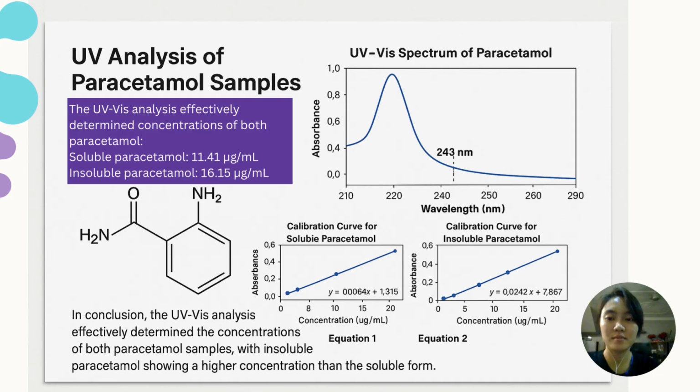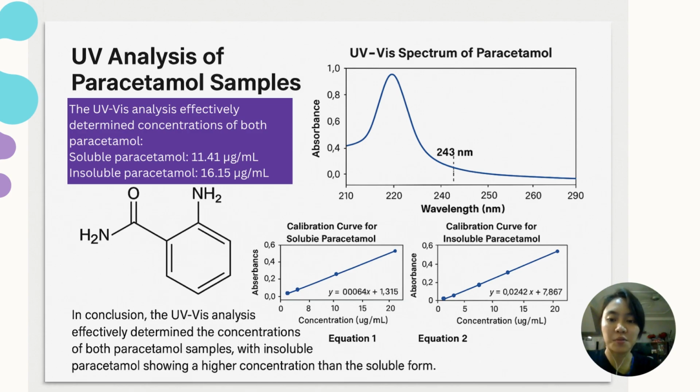In this analysis, we use UV spectroscopy to determine the concentrations of soluble and insoluble paracetamol. Both forms exhibited a peak at 243 nanometers, which is attributed to the aromatic ring structure in the paracetamol molecules. The calibration curves for both samples show differing sensitivities. The soluble paracetamol had a gentler slope, indicating lower sensitivity, while the insoluble form had a steeper slope, suggesting greater sensitivity.